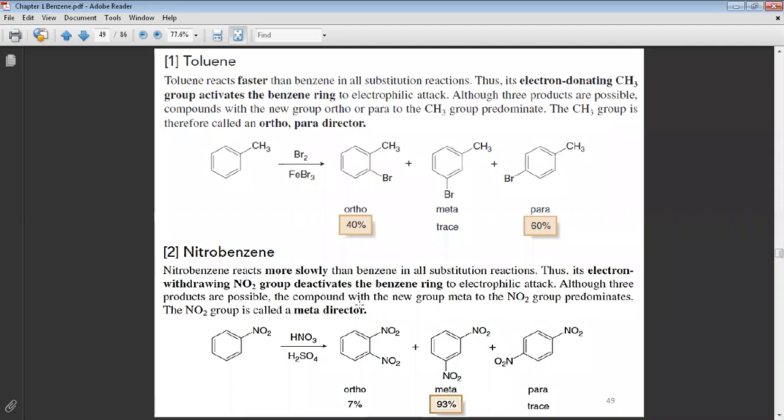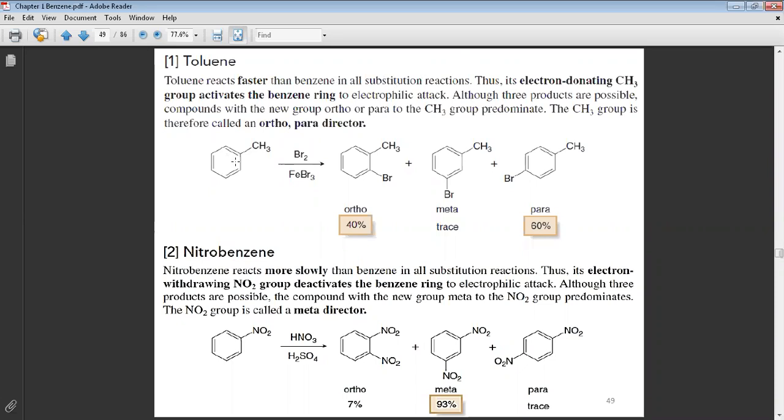Now, toluene reacts faster than benzene in all substitution reactions. Why? Because the alkyl group is donating electrons to the benzene ring. That means the benzene ring will be activated and more reactive than benzene.